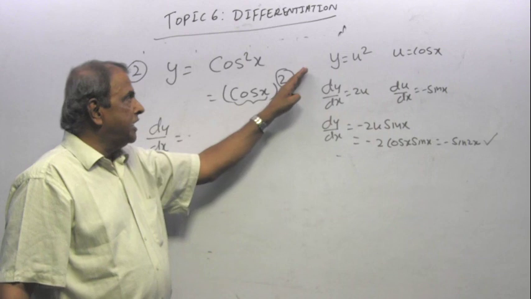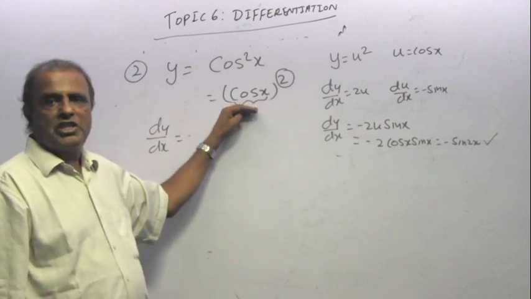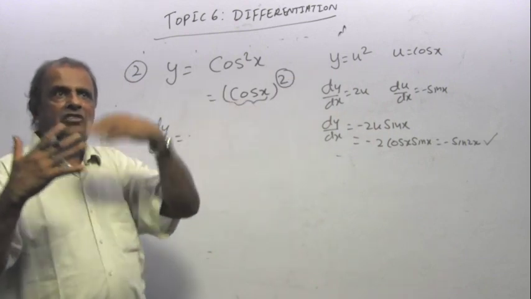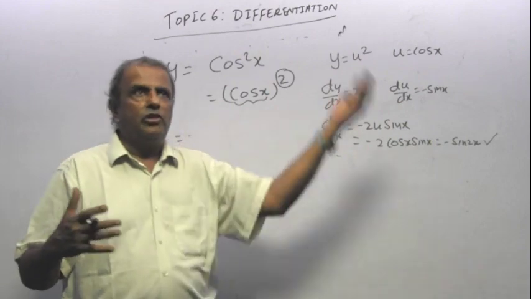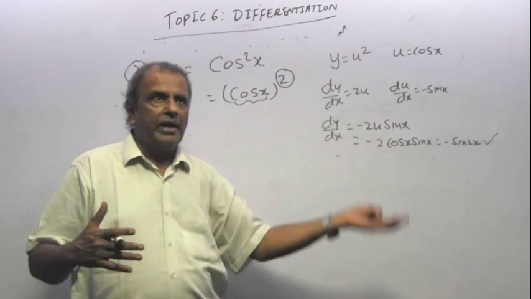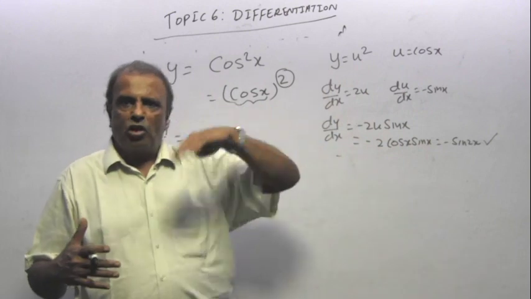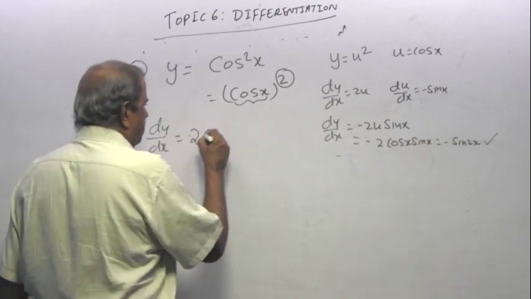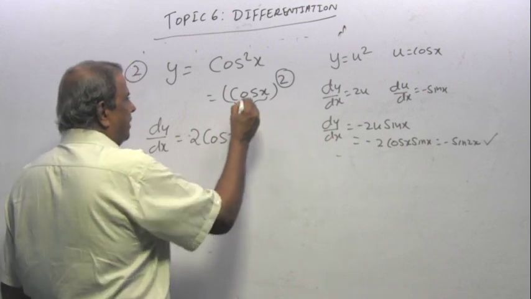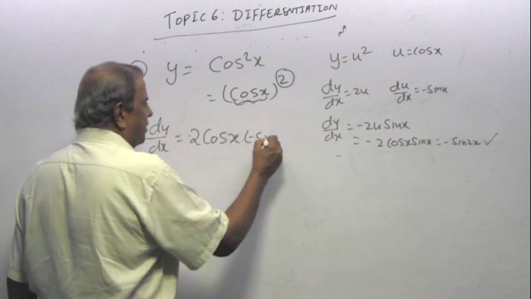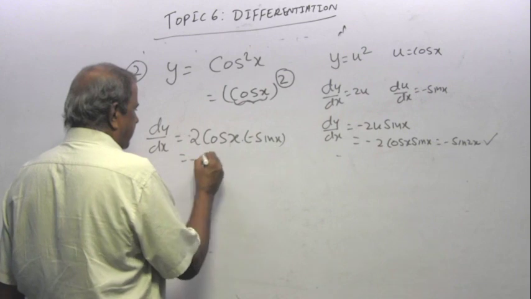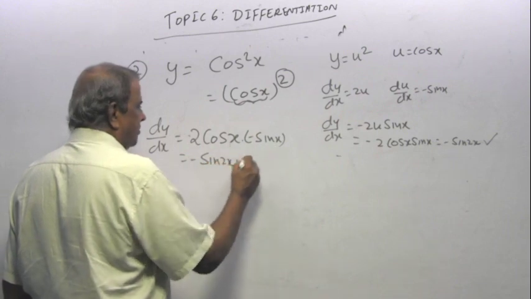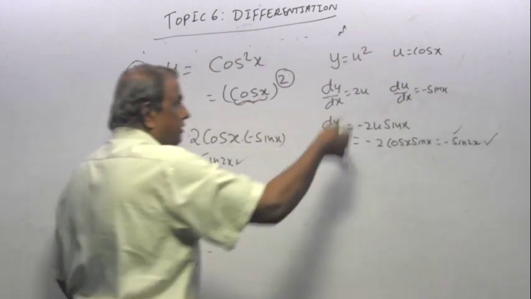So cos x does not change. What does anything squared give you? x squared gives you 2x, y squared gives you 2y, t squared gives you 2t. So cos x whole squared gives you 2 cos x. So I have peeled the outer layer. When I differentiate cos x, I get minus sin x. So the answer is minus sin 2x. Got the answer without having to do all that.